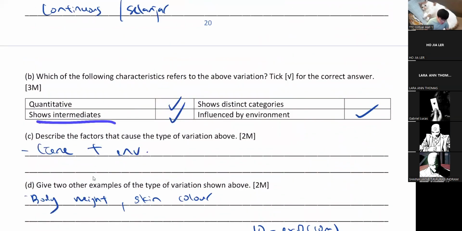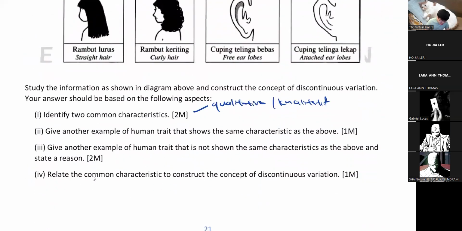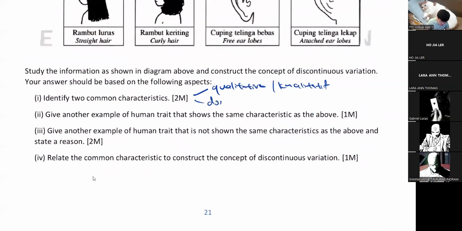This one shows intermediates, right? So this one does not show intermediates, tidak menunjukkan nilai perantaraan. Intermediates is called nilai perantaraan.